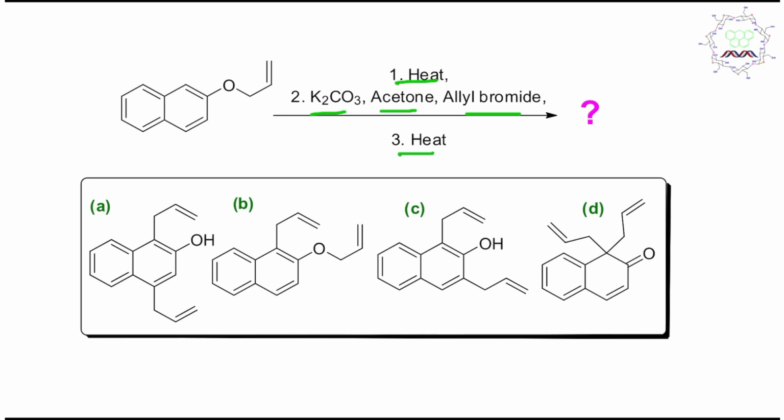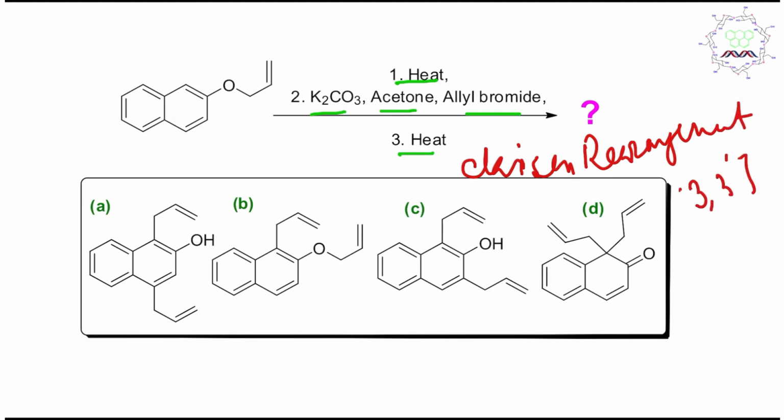In this case how does the reaction happen? Claisen rearrangement is a 3,3' sigmatropic reaction. How can I say that here? This is 1, 2, 3 and this is 1', 2', 3'. So 3,3'. How does this reaction happen?